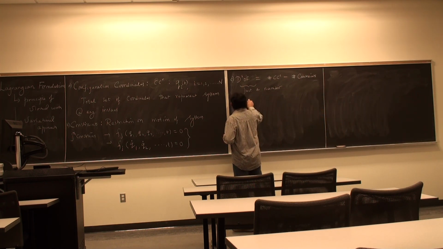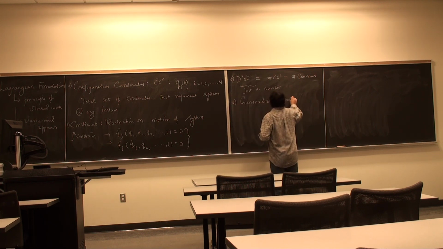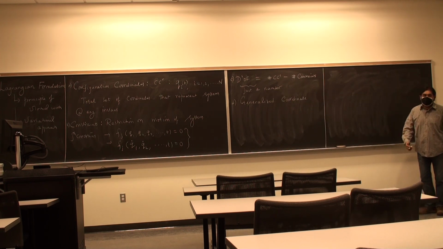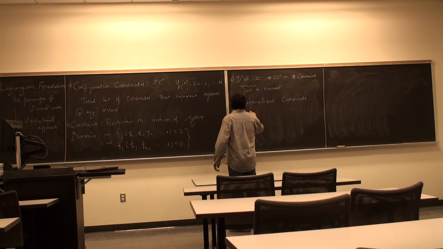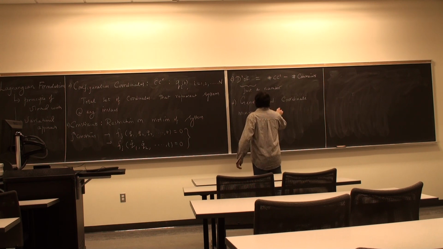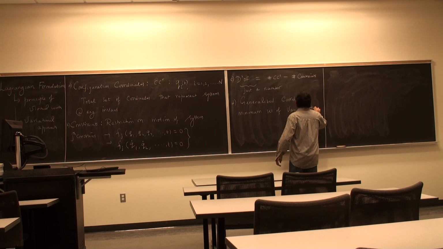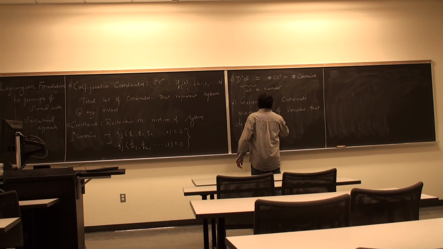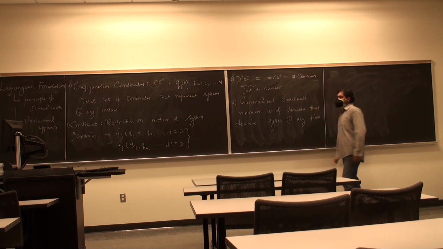Generalized coordinates are the minimum set of variables that describe the system at any time.